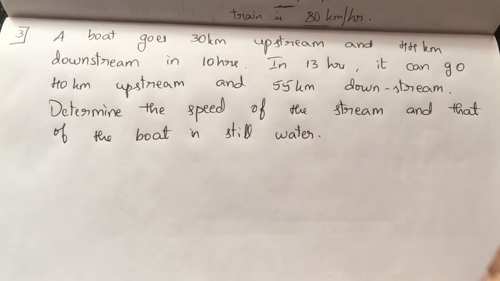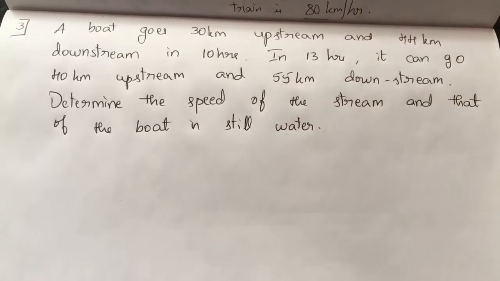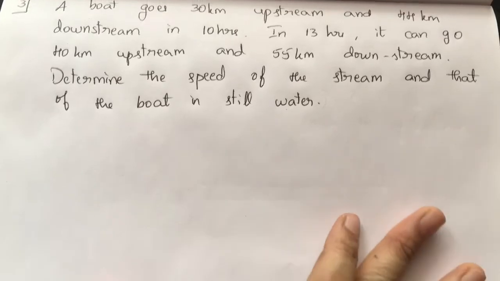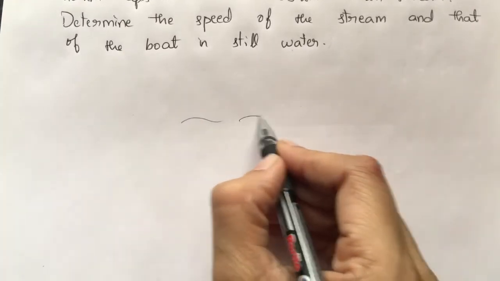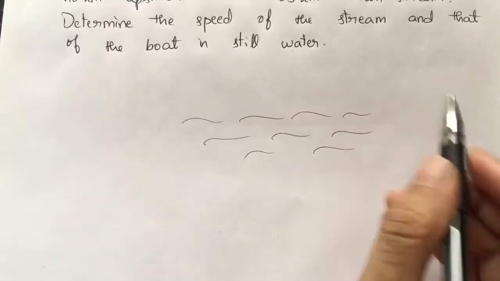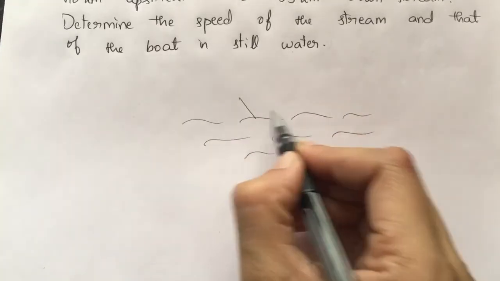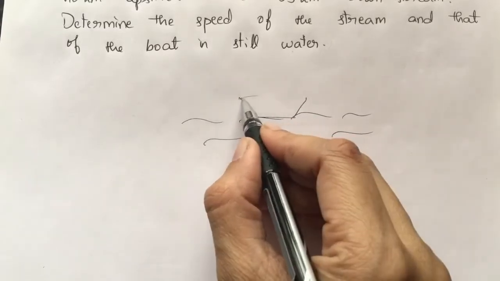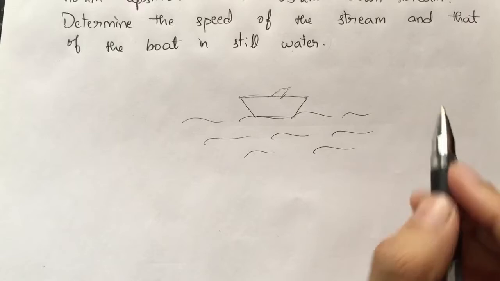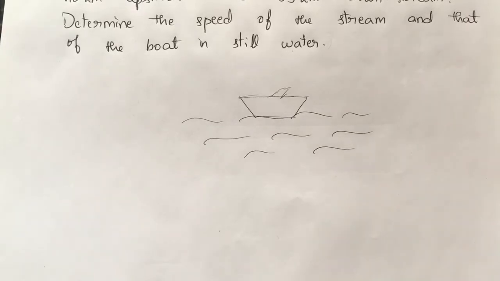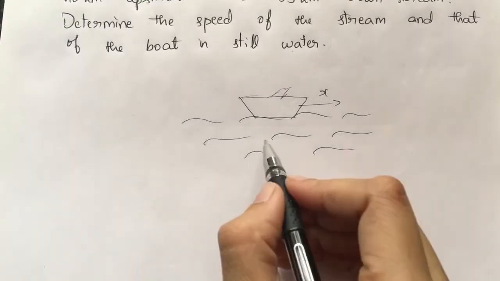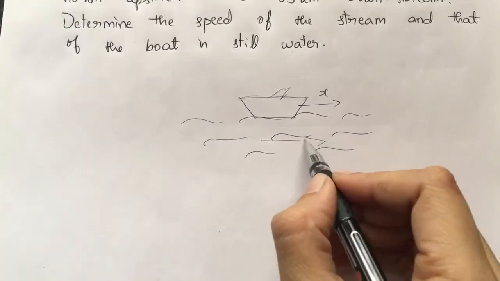Just before going for solving the problem, I'll explain what is downstream and upstream. Suppose this is the river, and here is the boat. Let me take the speed of the boat as x and that of water as y.